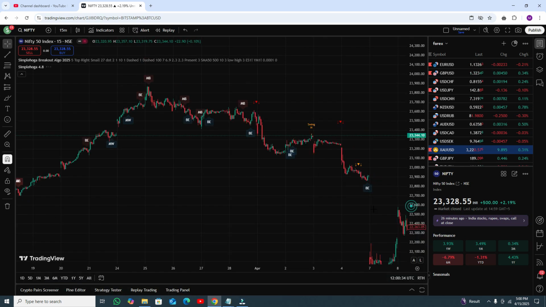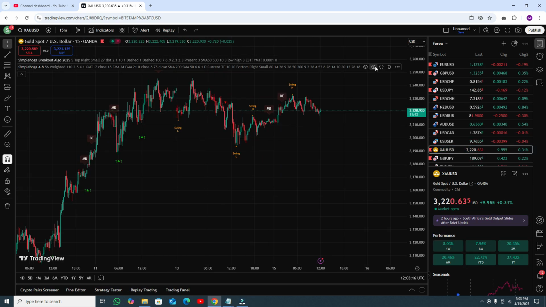After clicking on add to chart, for the Simple Yoga Breakout Algo 2025 there are no changes you need. Just simply paste the indicator and click on add to chart. The indicator is ready. And for the second indicator, Simple Yoga 4.8, you need to make some changes, and I will show you. If you need my indicator, you can contact me. I already showed you the contact details.